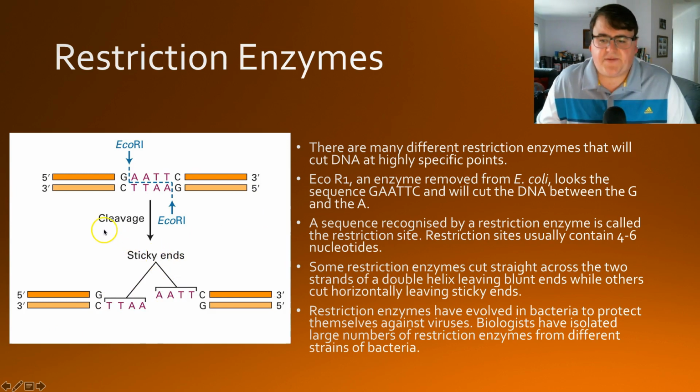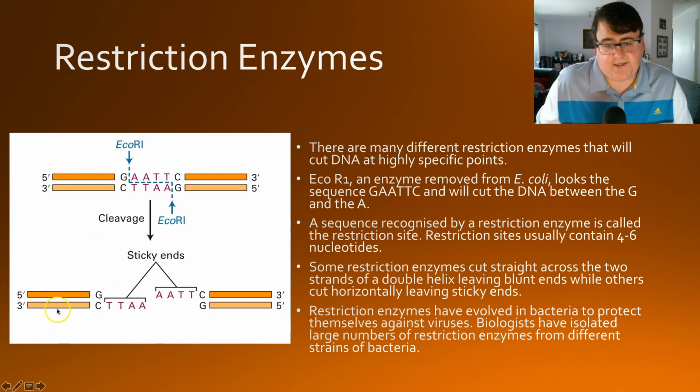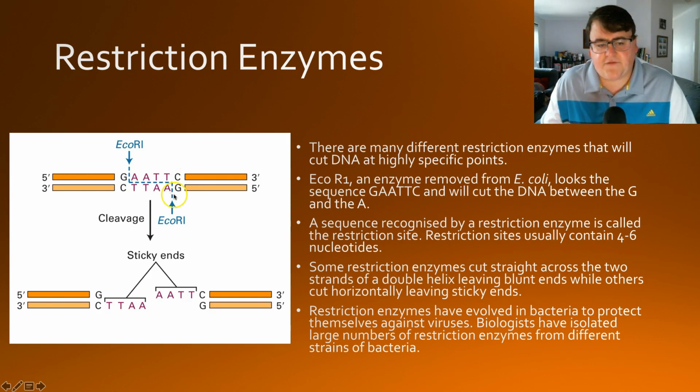There are two different types of ends. You can have blunt ends or you can have sticky ends. A blunt end is basically cutting DNA straight through. So if you were cutting right here, a blunt end would be this DNA segment ending with CG. A sticky end is when you start the cut in one strand, then go up and make the cut at a different point in the other strand.